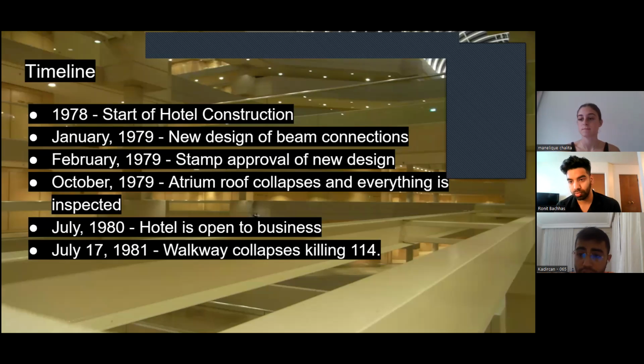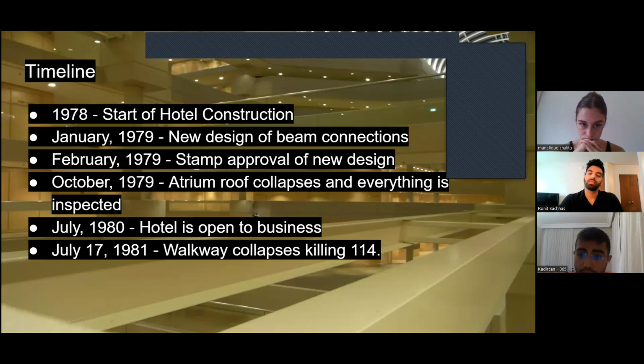In February 1979, the engineers approved the design, which was the faulty design that was going to lead to disaster.